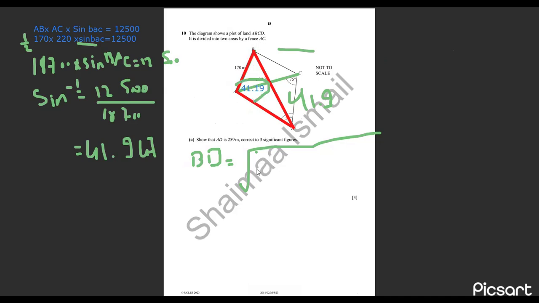Okay, so say here 170 square on your calculator plus 259 square minus 2 multiplied by 170 multiplied by 259 multiplied by cosine 41.19. Give your final answer directly.